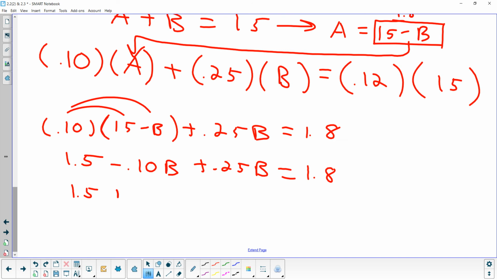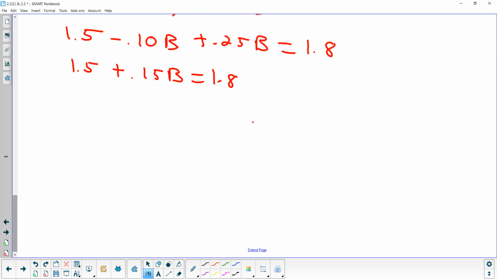Yep, I'm going to end up with positive 0.15B. Bring the 1.5 to the other side, and you're going to be left with 0.3 on the right-hand side. So 0.15B equals 0.3.